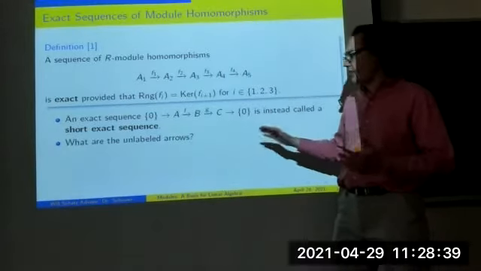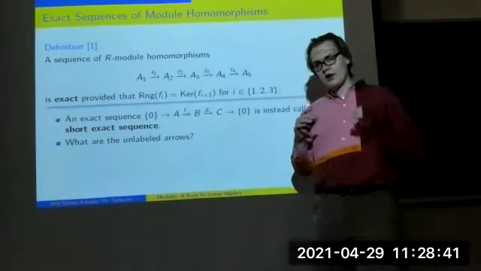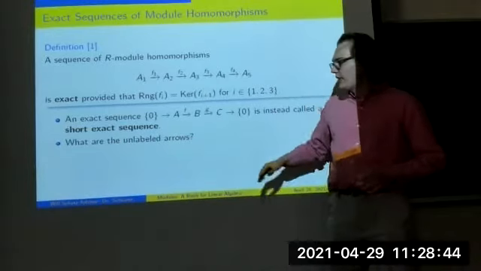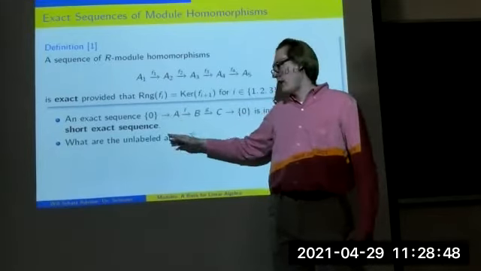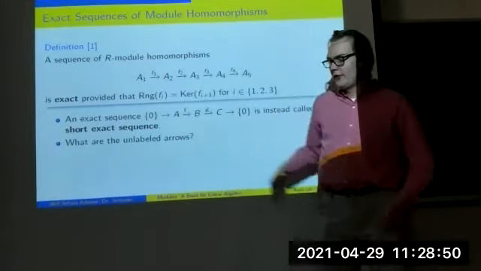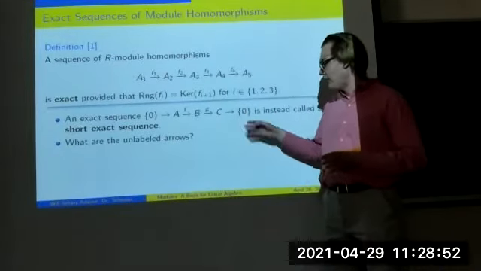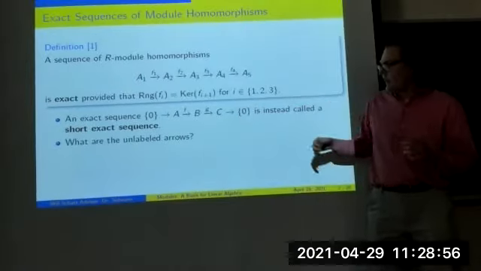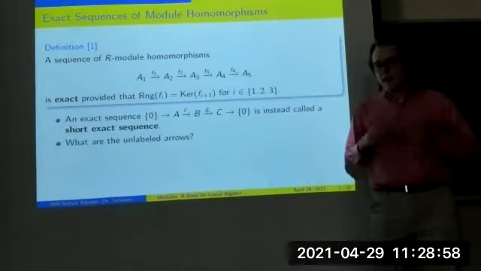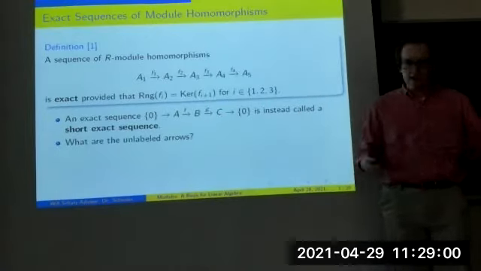Now, don't get scared because I've got unlabeled arrows here, but they are in fact unambiguous. Let's think about that. So a homomorphism going between these two sets, well, 0 has to be mapped to 0. And a homomorphism here simply has to map everything in C to 0. And that forces F and G actually to behave in a certain way because of exactness.